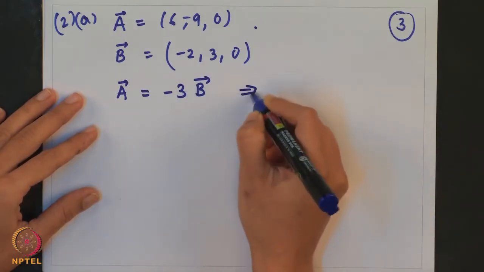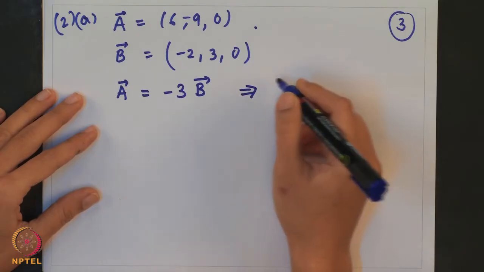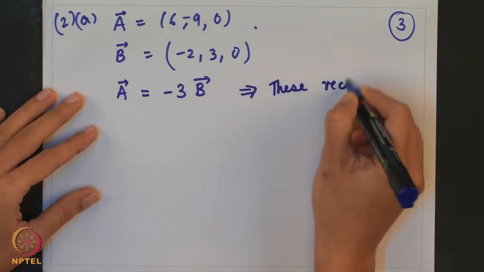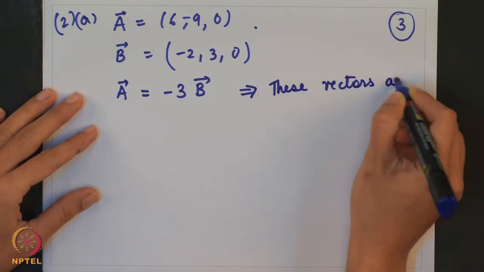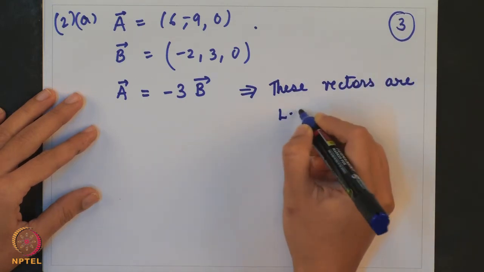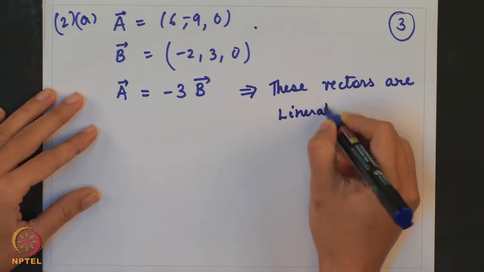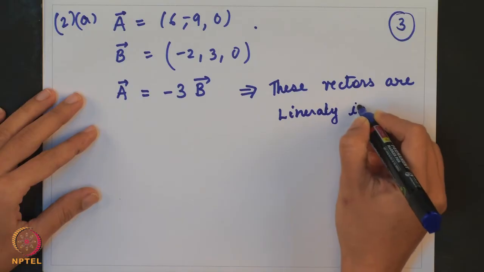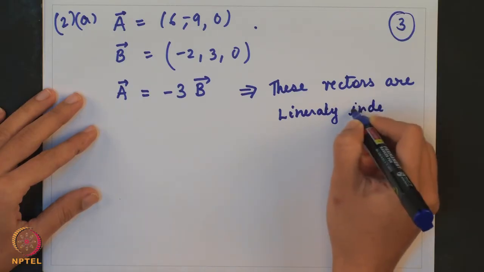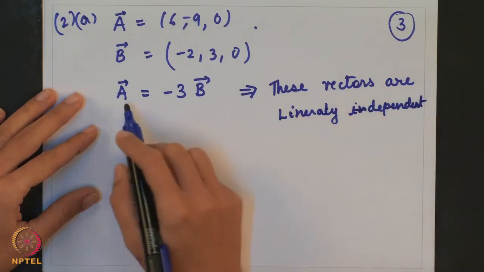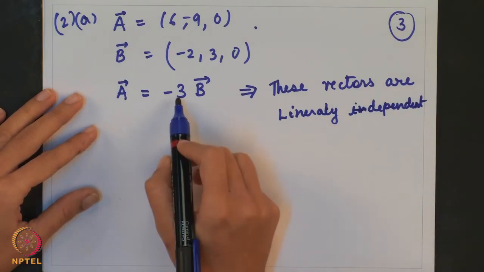So, this implies that these vectors are linearly dependent, because the coefficients are not individually equal to 0.